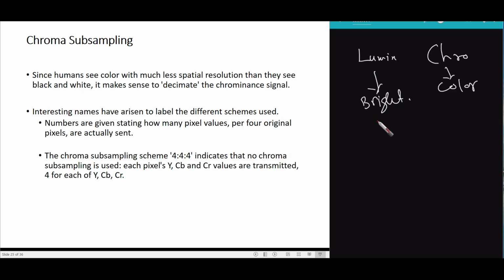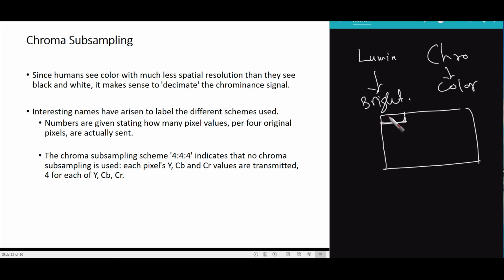Now when you look at the brightness information, let's say this is one image or one video, whatever it is. Let's just concentrate on this very particular small place.